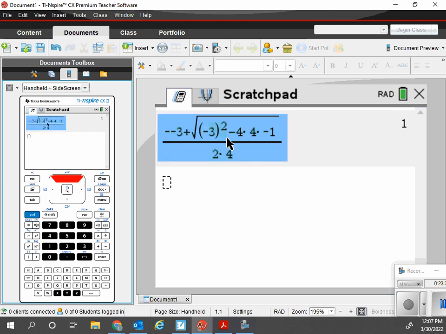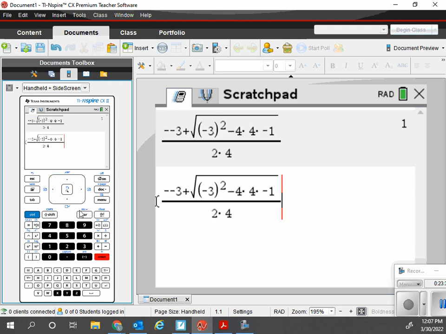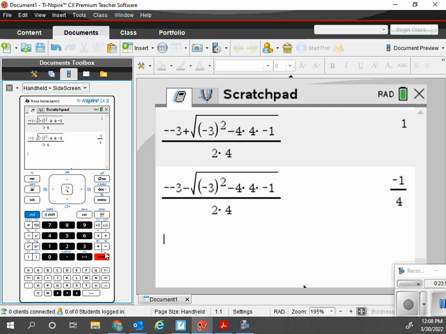It highlights that big old thing that we typed in. Press enter. It copy pastes. So now just go back into that big thing, and that plus sign, just change it to a minus sign. So delete it, make it a minus sign. -1/4 is the other answer.